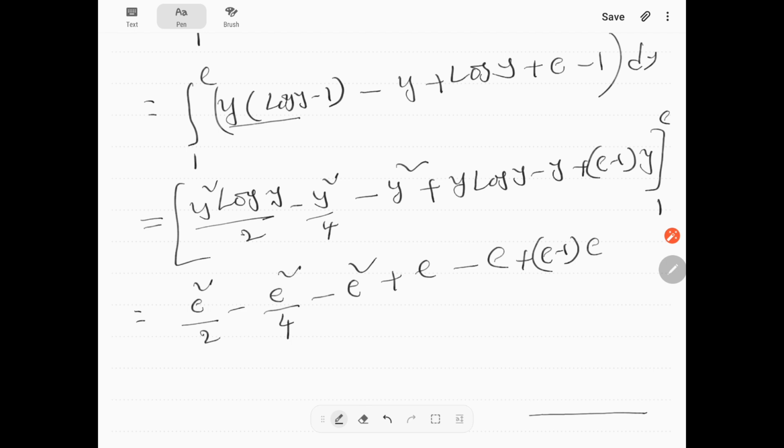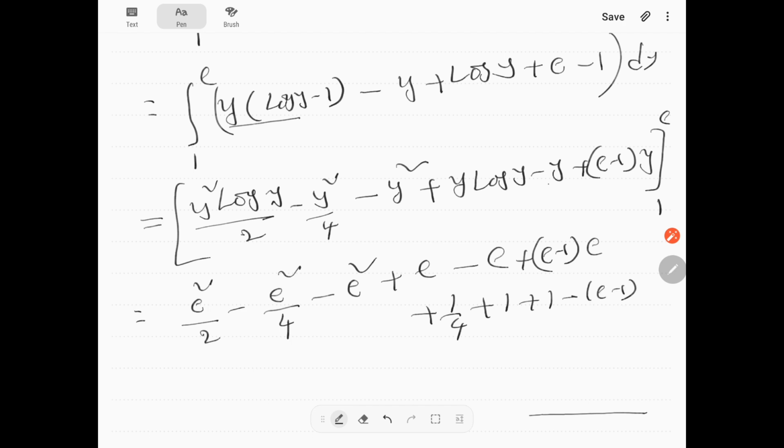If I substitute the lower limit, log 1 is 0, minus 1 by 4, so it will be plus 1 by 4, minus 1, so it will be plus 1, log 1 is 0, minus 1, so it will be plus 1, and minus e minus 1 because it is the lower limit.